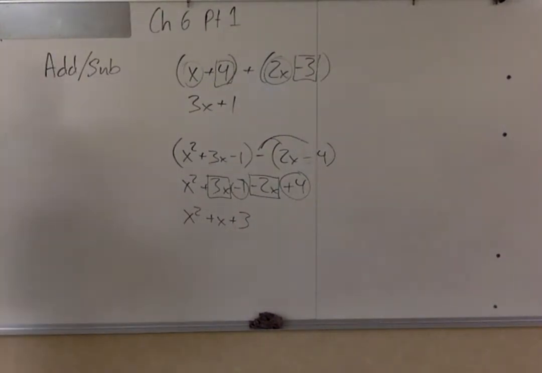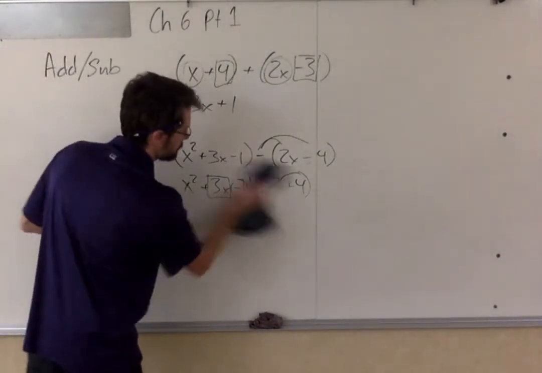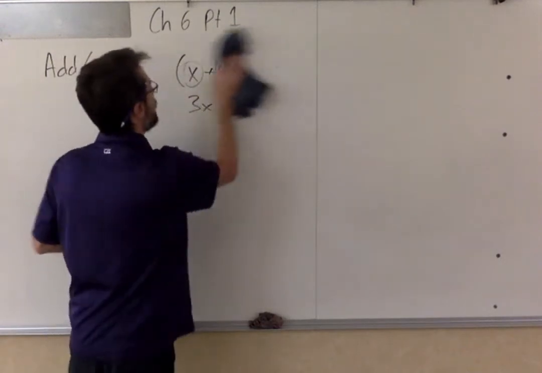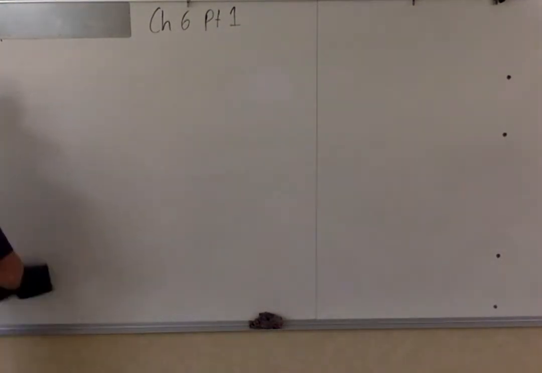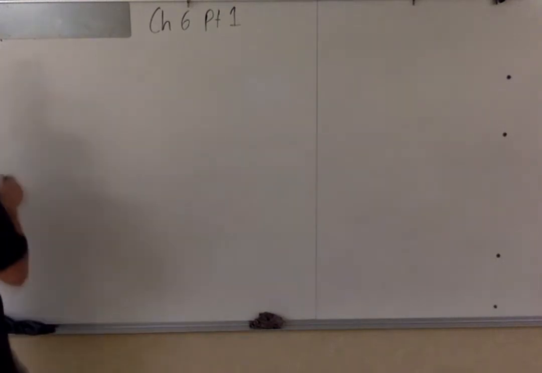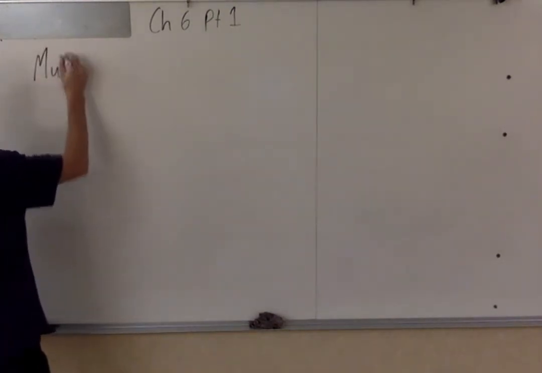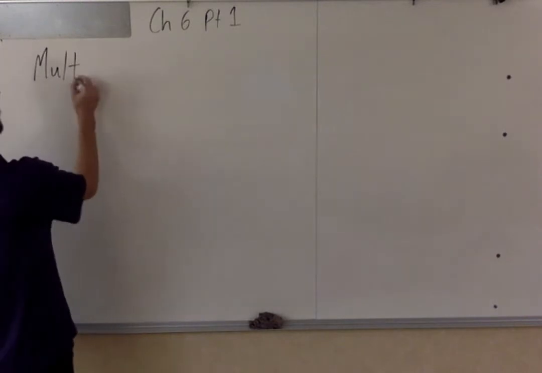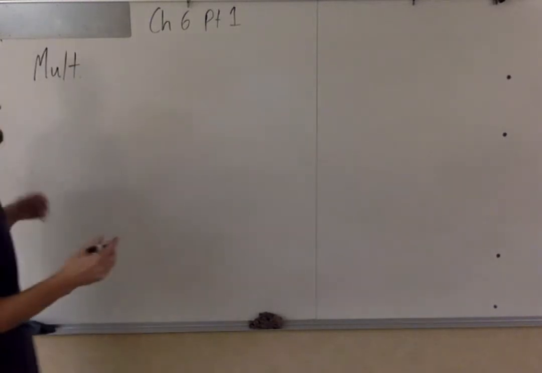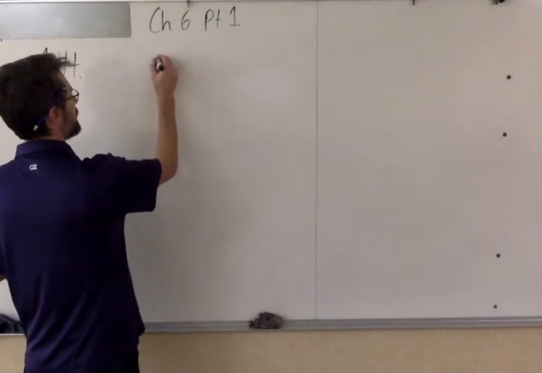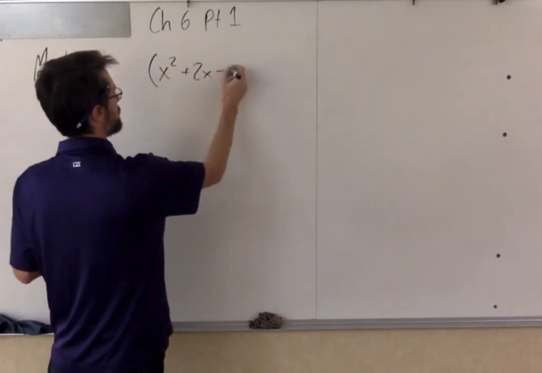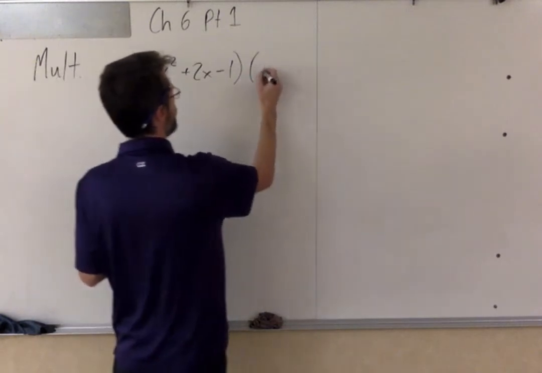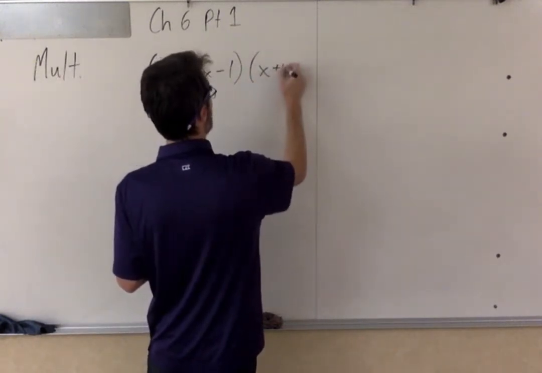All right, the next thing that we did was multiplying. And I'm only going to show one method here, because I think if you have foiling down, you probably don't need a lot of review. But if you're more of a box method person, this might be something that you want to put down. So let's say we'll just do a real basic one, x squared plus 2x minus 1, and we'll multiply it by x plus 4.